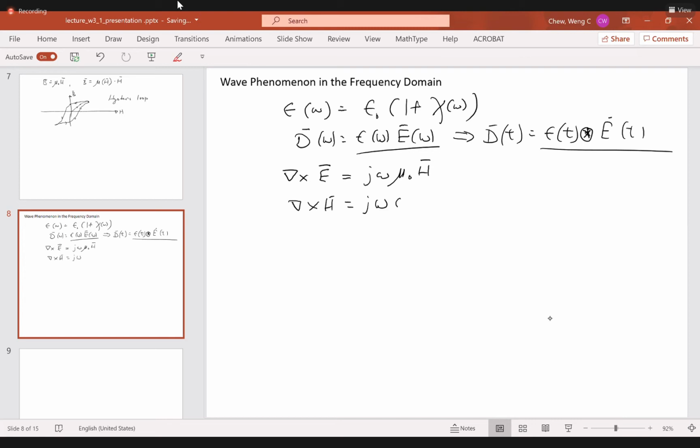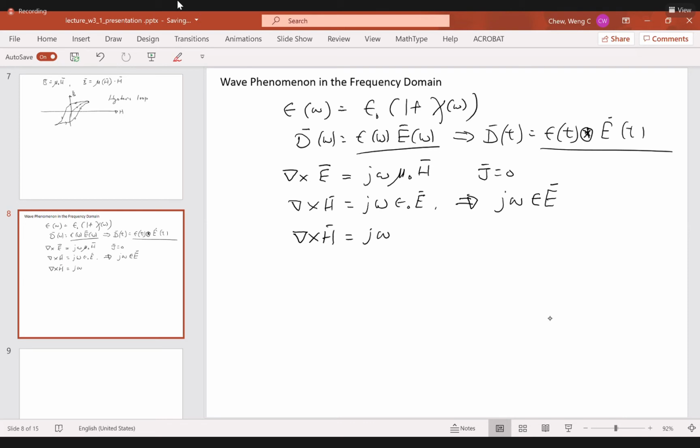Let's assume that there's no source, because we want to study just phenomena with no source. But when we want to include material media, it's very easy to do so in the frequency domain. We just replace it with an effective epsilon. So in the frequency domain, Ampere's law becomes very simple, j omega.